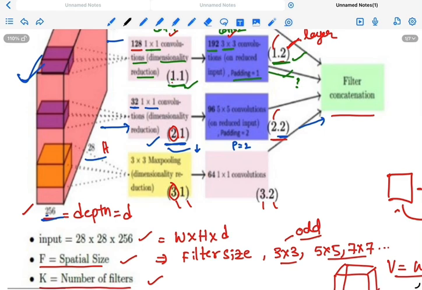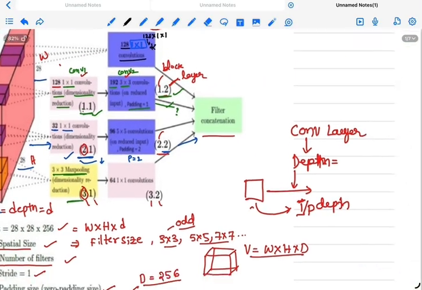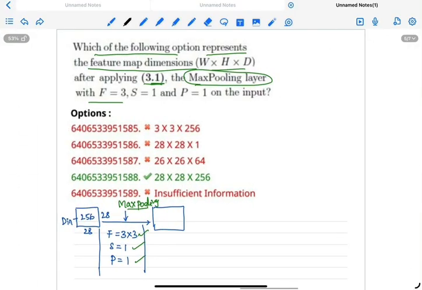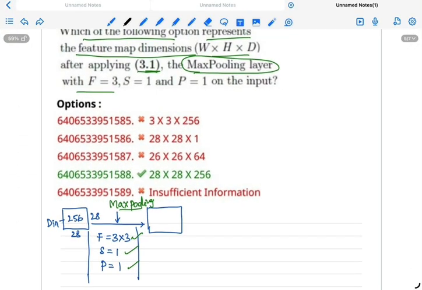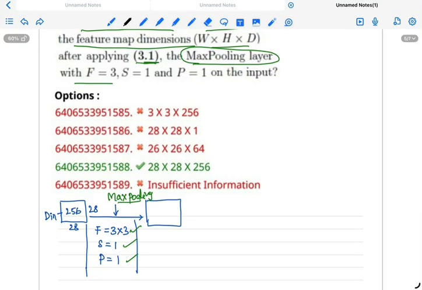So this is the input. After passing through the max pooling layer of 3 cross 3, and this is the third block. Okay, for this they are asking to find the feature map dimensions after the max pooling layer.